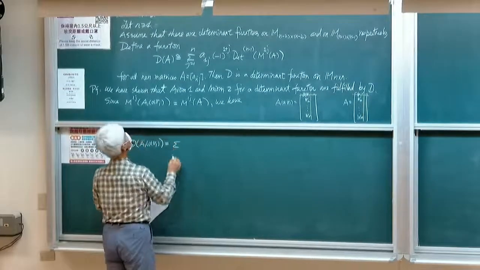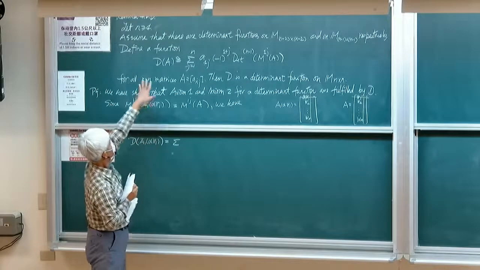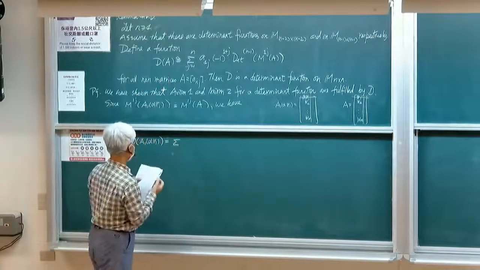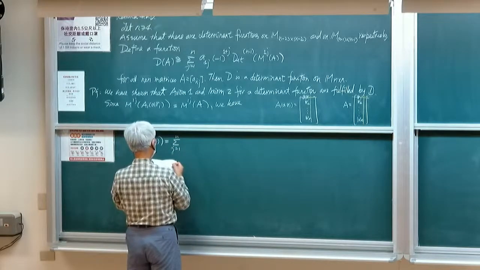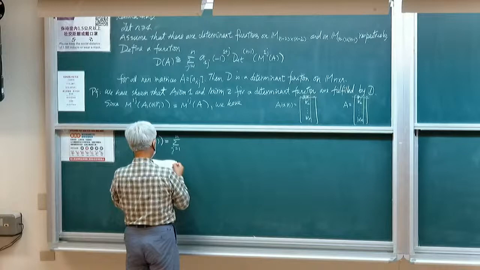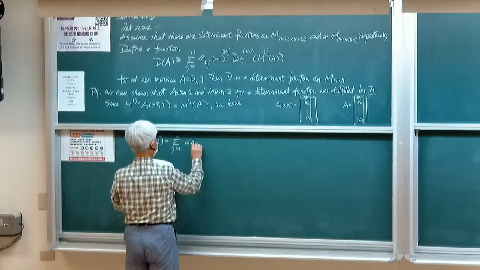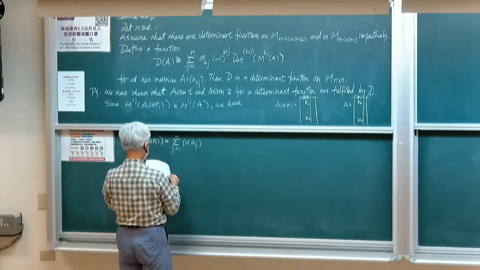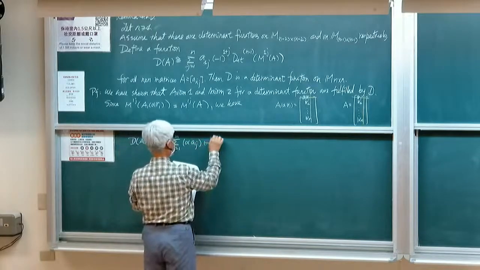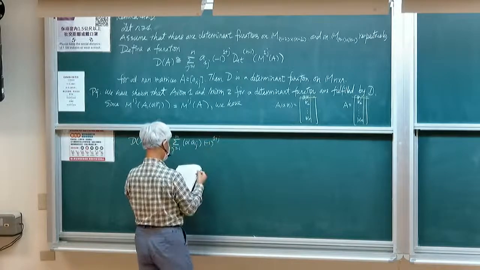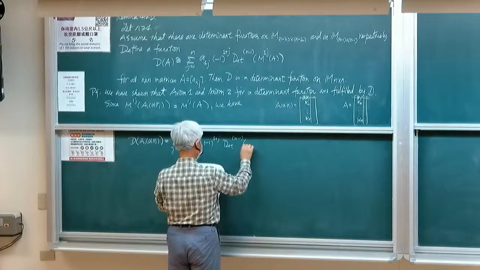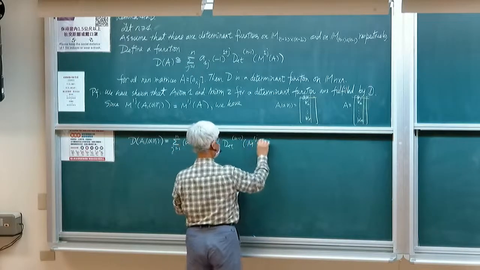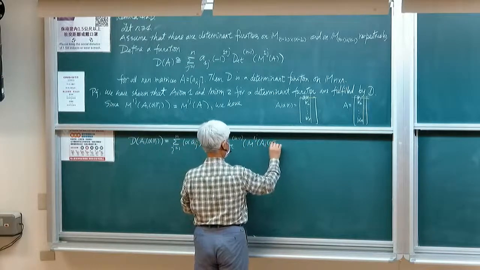Right. So we plug in the definition of function d. So this is the sum for j equal to 1 to n, of alpha A1j times minus 1 to the power 1 plus j, times the determinant of M1j of A with first row alpha R1.